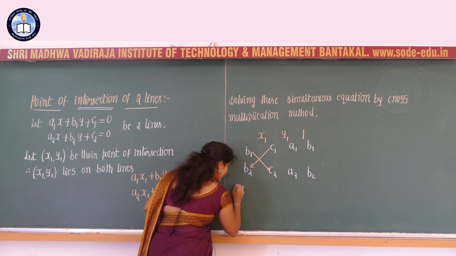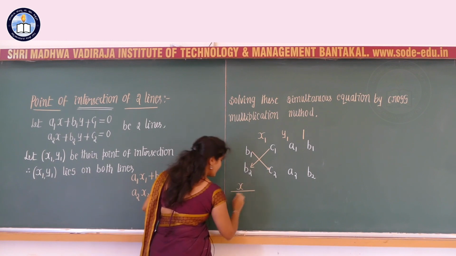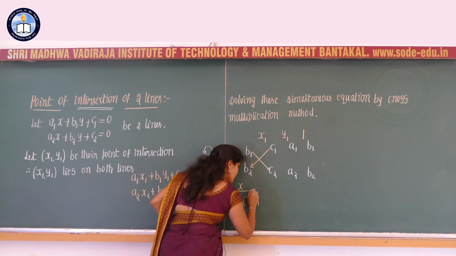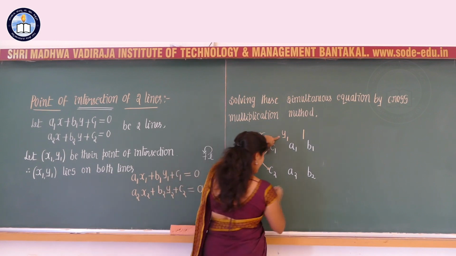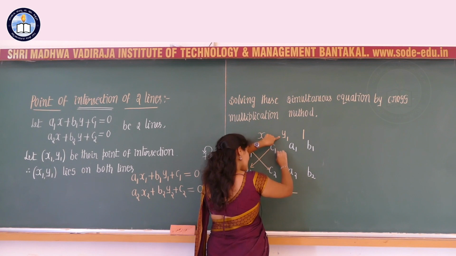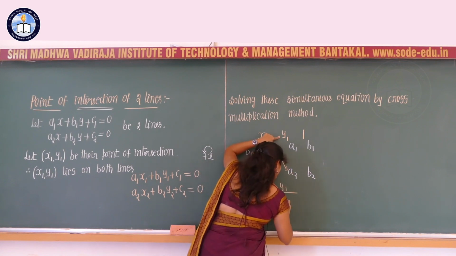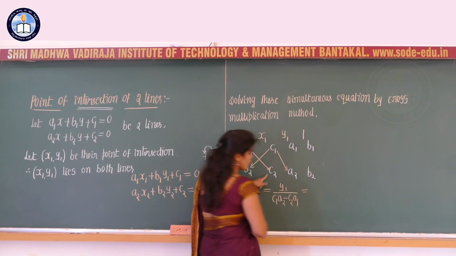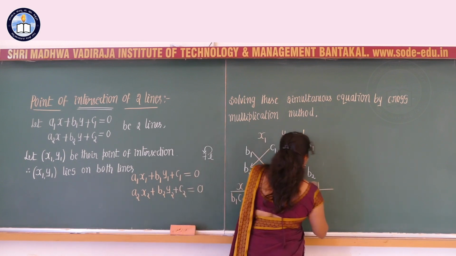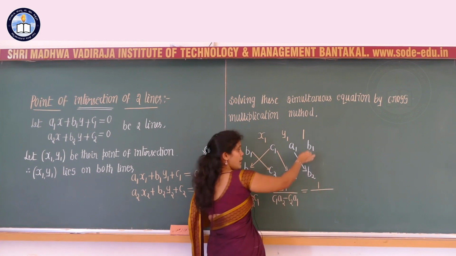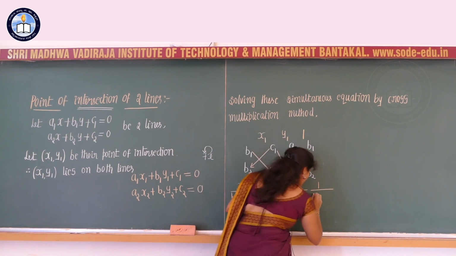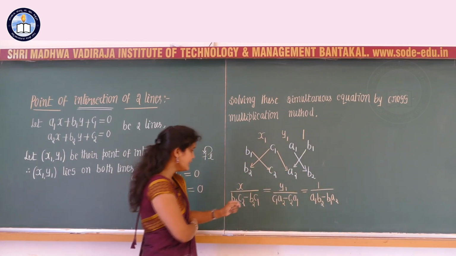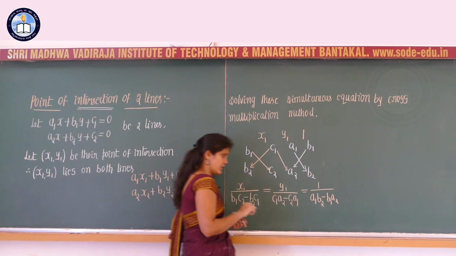So next I can write it as x1 divided by b1 c2 minus b2 c1, which is equal to, with respect to y, y1 divided by c1 a2 minus c2 a1, which is equal to 1 divided by a1 b2 minus b1 a2.